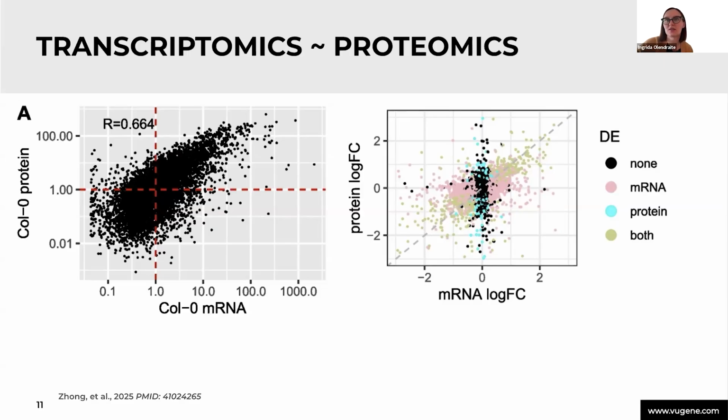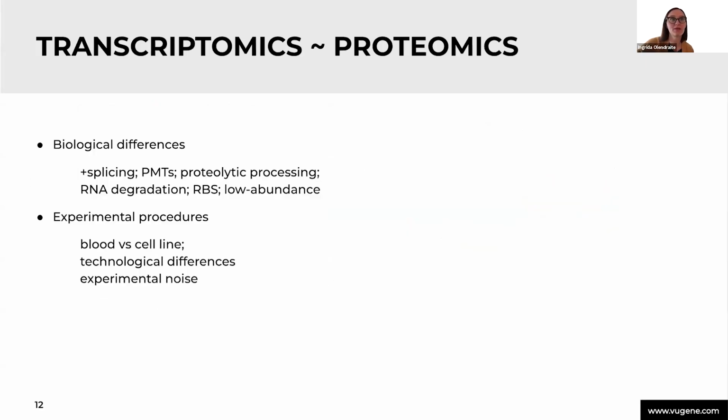In this case, you could see that there are proteins which have significant differences in both RNA-seq and proteomics, but there are loads of mRNAs which are differentially expressed, and there are other proteins that are differentially expressed, but the RNAs are not. So again, this is showing how much we need to do multiomics if we want to understand what's actually happening. Of course, it all comes from, as I mentioned, biological differences.